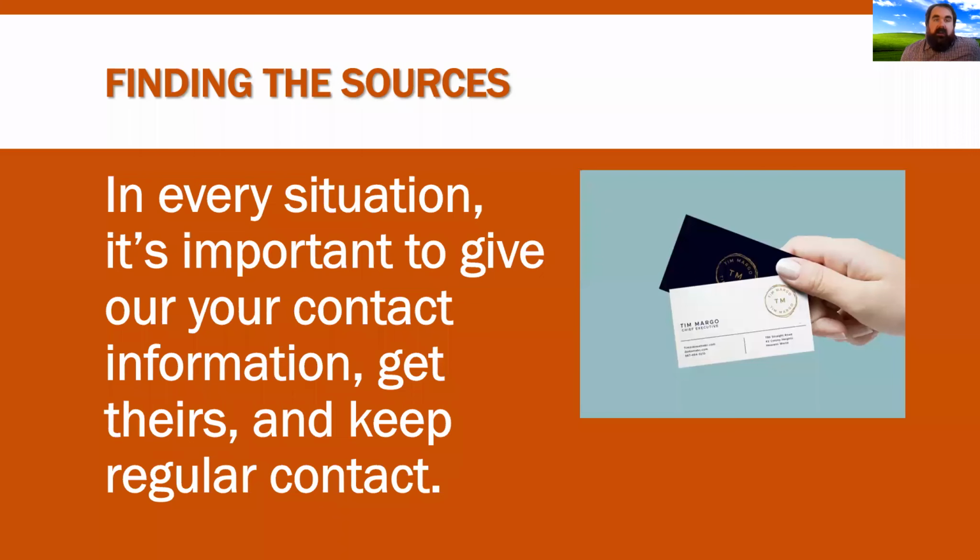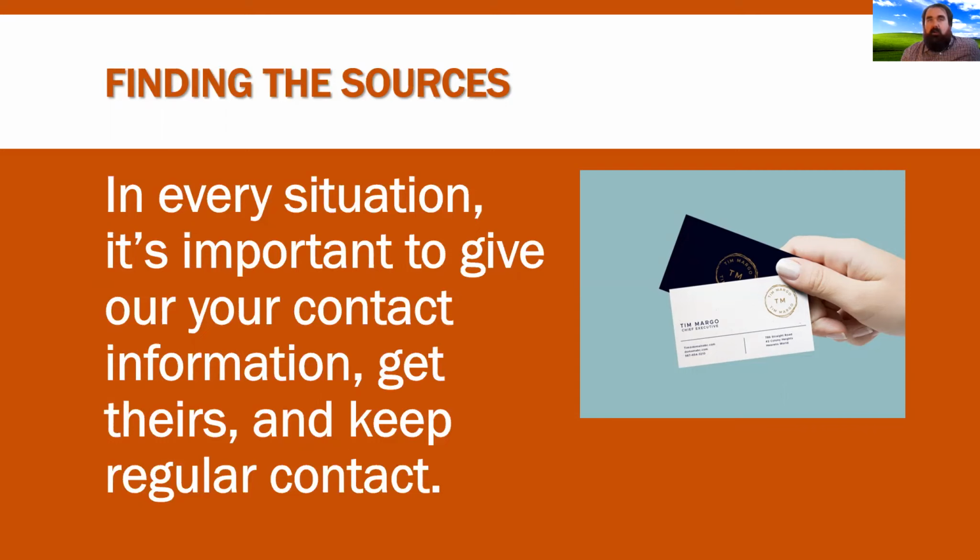Now, it's important to note that in every situation, if you are going to be a sports reporter and that is your life goal and that is the thing that you want more than anything, to work in sports journalism, when you are covering sports and you come across other sports reporters, you come across people who you think might also be sources for you, coaches, assistants, players, anybody you think might be useful in a story, get their contact information, give them your contact information, make sure that you are familiar to them so that when you pop up and you're like, hey, I'm so-and-so, I'm working for this place, and I would like to interview you for a story, you're not a stranger to them.